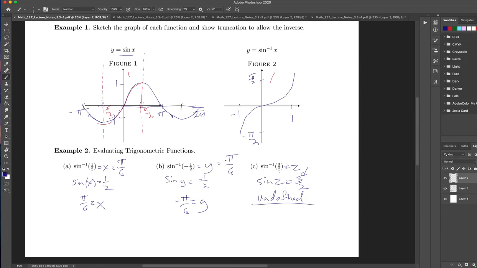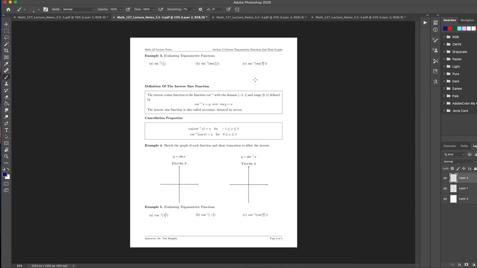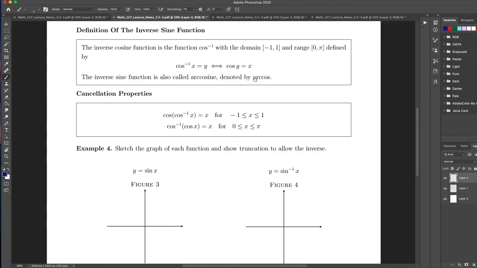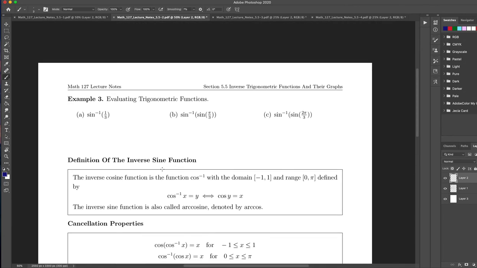All right, let's do some more. Let's pretend I wanted to find the inverse sine of a third. Well, how would I do this? Do I know the sine of an angle, say alpha, that equals a third?